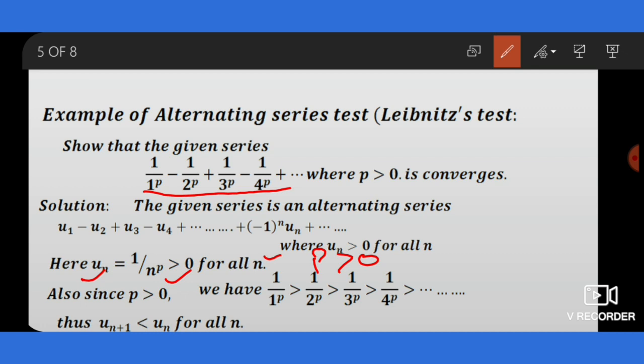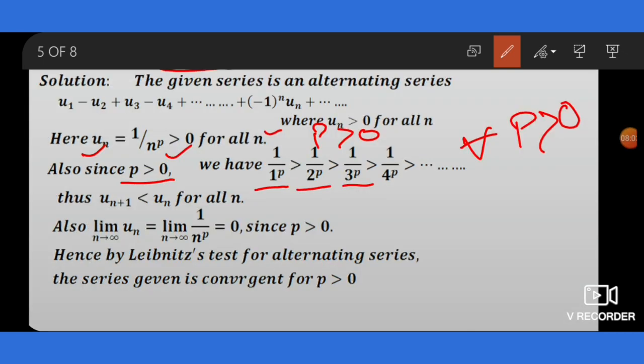Also, since p is greater than 0, we have 1 upon 1 to the power p is greater than 1 upon 2 to the power p is greater than 1 upon 3 to the power p. So un plus 1 is less than un for all n. Each term is numerically less than the preceding term.